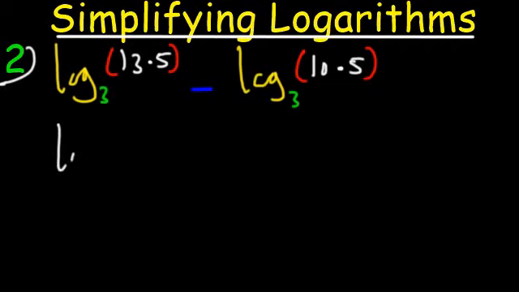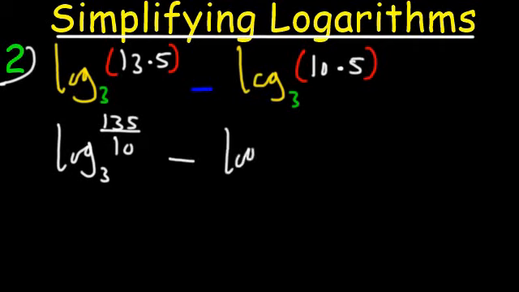So we have log of base 3 of 135 over 10, minus log of base of 3 to 105 over 10. Now at this point, we want to apply some of the identities we made mention of right from the beginning of this video. We said whenever we have two different logs with the same base subtracting each other, we can just divide their values.